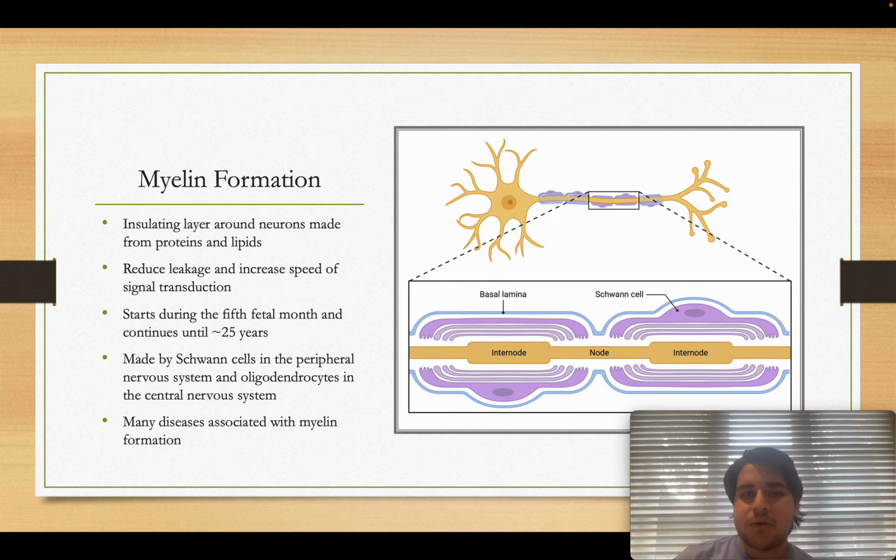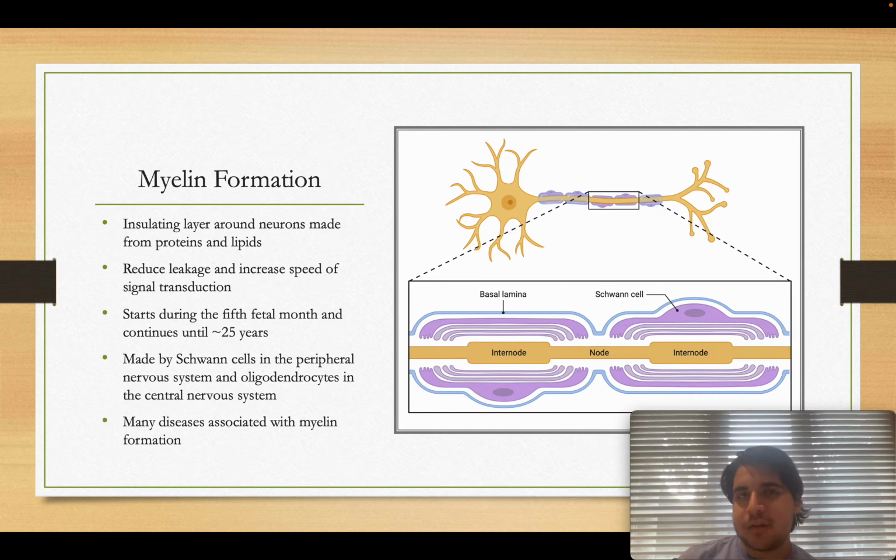Furthermore, myelin formation starts around the fifth fetal month of development, but the majority happens after we are born and continues until well after we are 20 years old. Myelin is formed by Schwann cells in the peripheral nervous system and oligodendrocytes in the central nervous system.